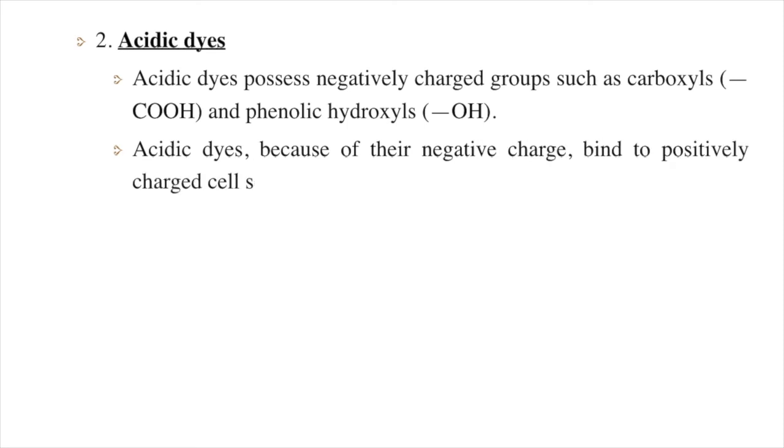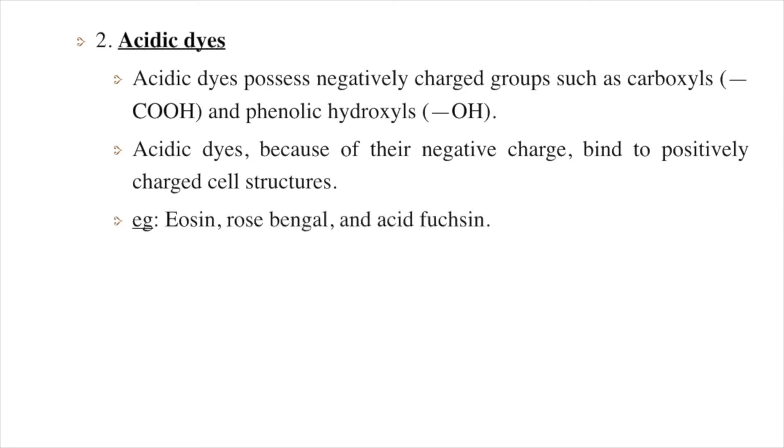So it binds to the positively charged cell structures. The basic dyes have positive charges, so they bind to the negatively charged cell structures. Here the acidic dyes have negative charges, so they bind to the positively charged cell structures of the microbial cell. What are the examples of acidic dye? Eosin, rose bengal and acid fuchsin are some of the examples of acidic dyes.